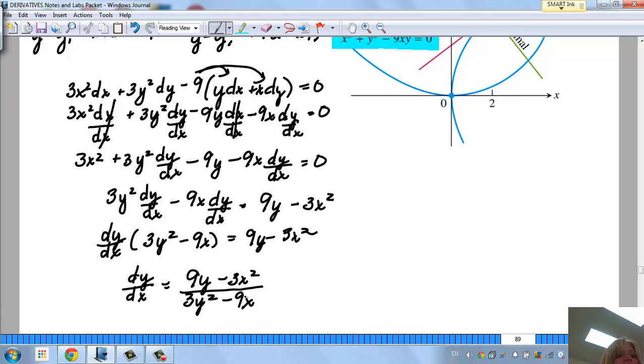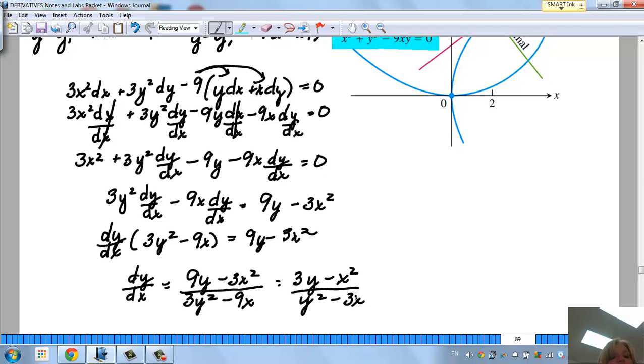Now let's plug our point in, and our point is the point (2, 4). So I have 9 times 4 minus 3 times 2 squared all over 3 times... well, you know what we can do? We can make this a little bit easier. Every single one of those terms we can divide by 3. Wouldn't that make it nicer? So I really have (3y minus x squared) all over (y squared minus 3x).